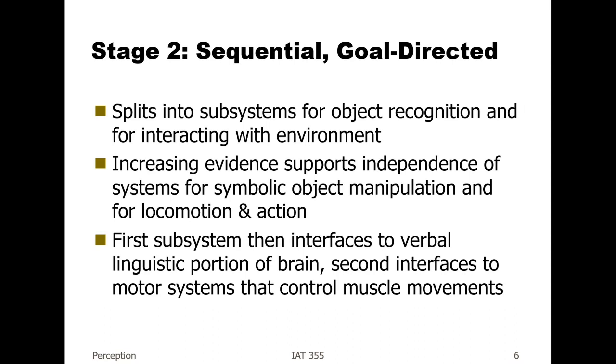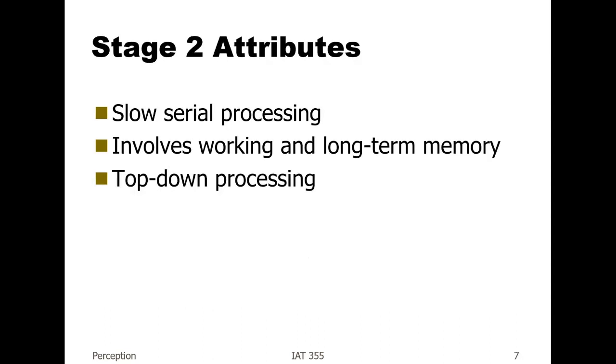What that means is that the brain injury has affected their symbolic object manipulation centers, but it has left the locomotion and action part intact. So if you throw something at a person with this injury, they're able to react to it, but they aren't able to tell you what color the ball is and what its texture is until they hold it. So, in any case, there are two systems.